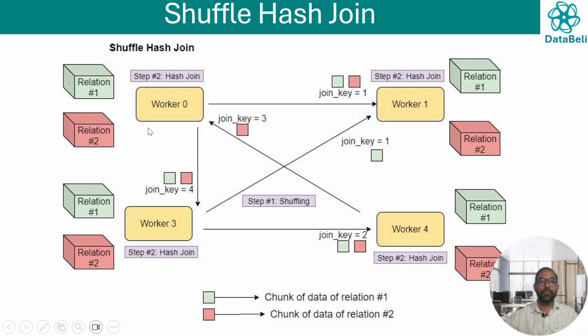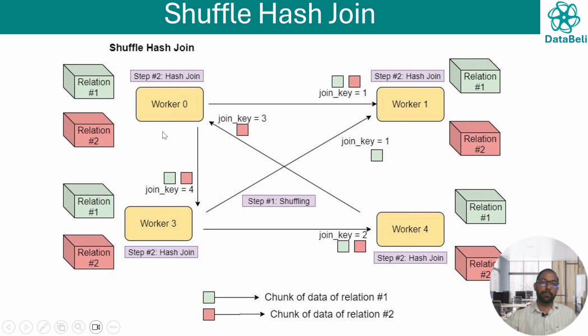Now let's say it has to join relation 1 with the second table. Because the second table is also divided into partitions across multiple workers, there is no guarantee that all the corresponding IDs that we need to join from relation 1 are in the same worker for relation 2 also.